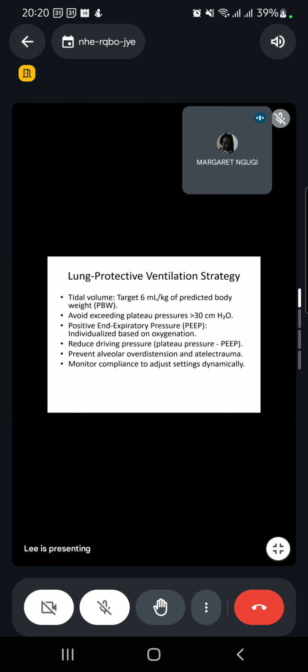To meet those goals, you have to make sure your tidal volume target is 6 mL per kg of predicted body weight, and in some books they say use the ideal body weight, for which the formula has been discussed. You want your plateau pressures to be less than 30 centimeters of water, and you have to tailor your PEEP to the patient.